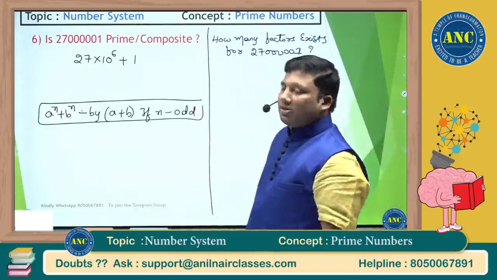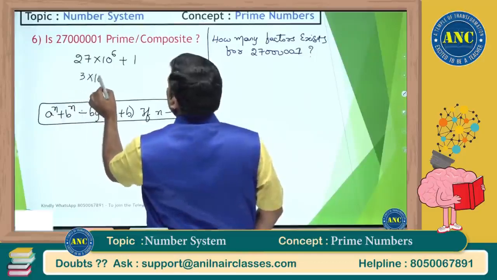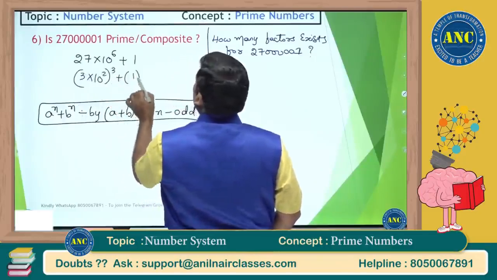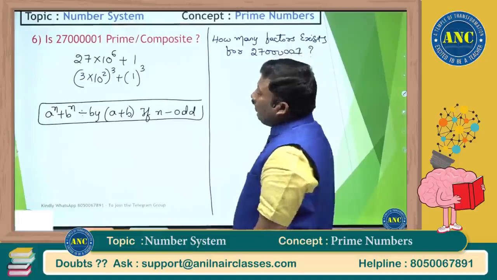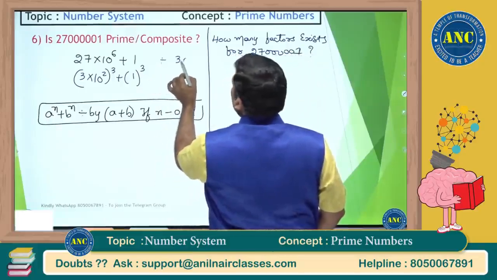27 into 10 power 6 plus 1, prime or composite? This can be written as (3 into 10 square) whole cube plus 1 whole cube. A power n plus b power n is always divisible by a plus b.